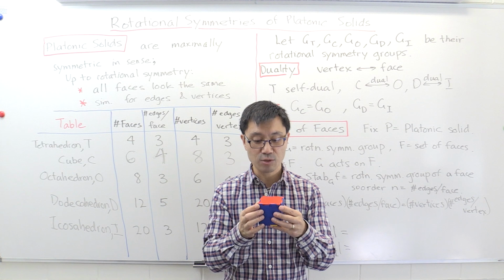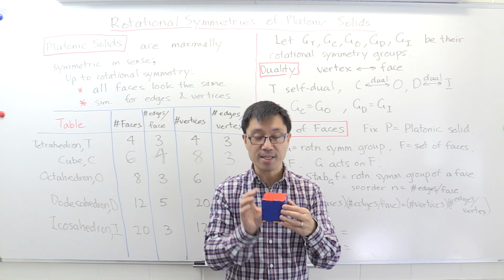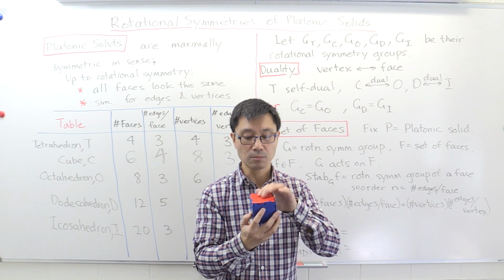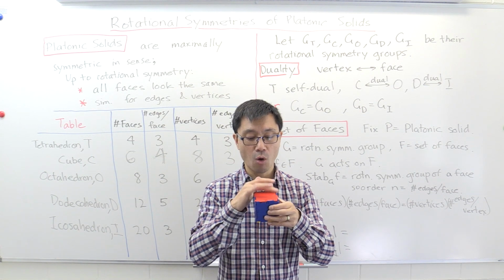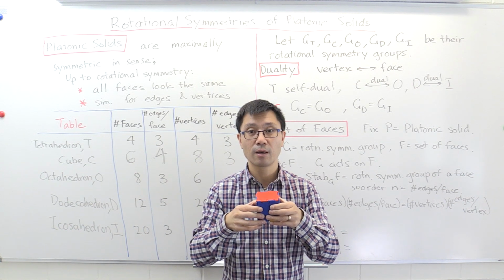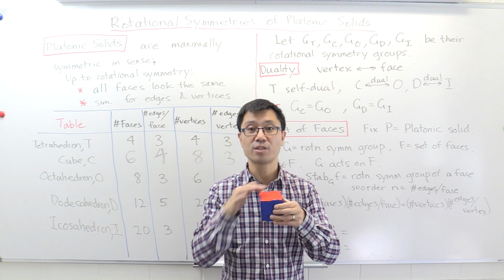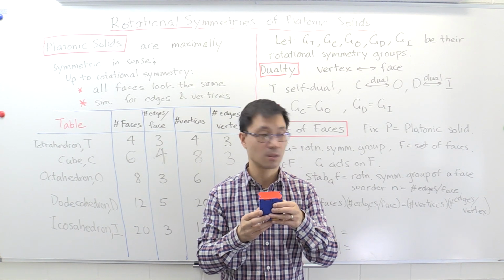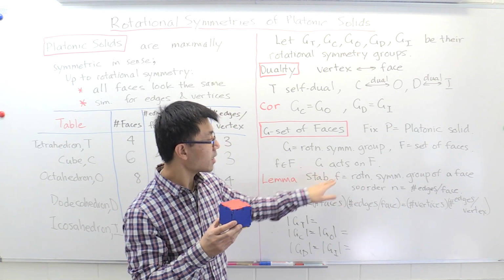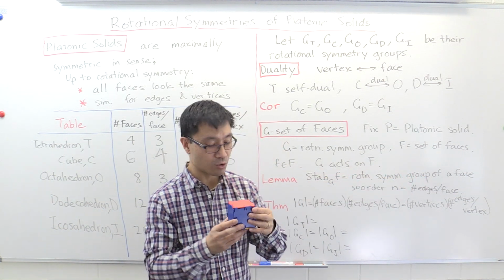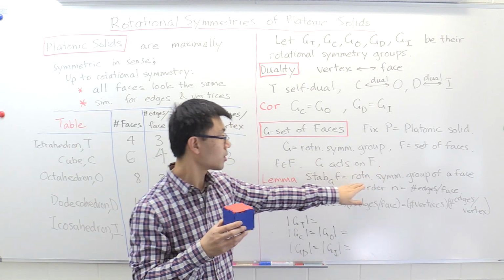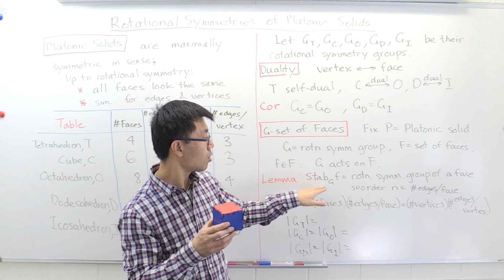And part of maximally symmetric means that you can rotate the whole Platonic solid, and it will stick to that rotation of the top face. So what you find is that certainly all the rotational symmetries of a face of a Platonic solid give you elements in the stabilizer.